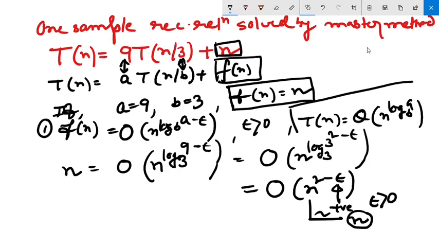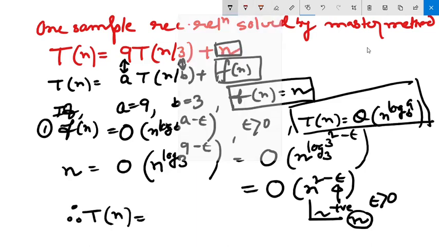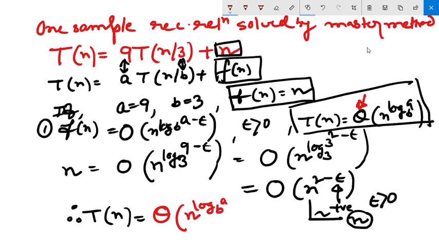In that case the solution is T(n) equals, let me take the red color so that it will be easy to understand, T(n) equals theta of n to the power log base b of a.